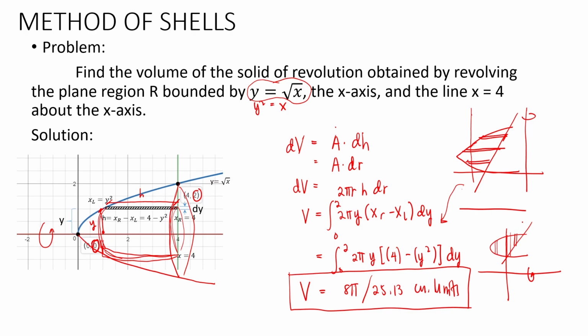So you cannot utilize the vertical strip even though it's perpendicular to the axis of rotation, because again, the portion here is repeating, right? Parabola against parabola. That's the time that you're going to use the method of shell. So the shell is parallel to the axis of rotation, and notice that the horizontal strip is not repeating. Parabola against line. So remember this.